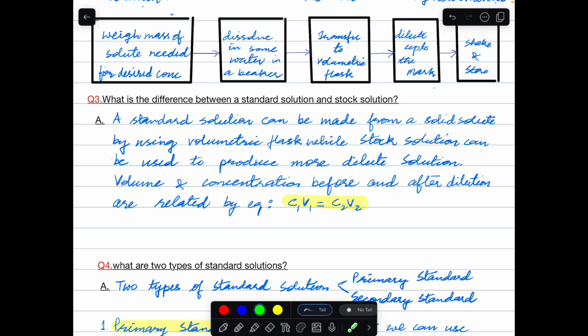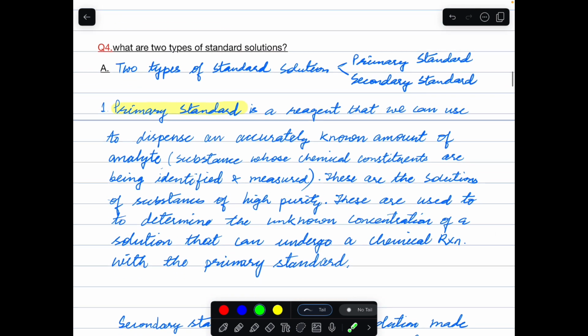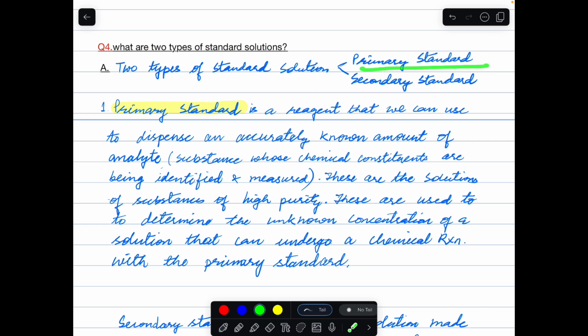Okay, what are the two types of standard solution? Now standard solutions are also of two types: primary standard solution or primary standard, and secondary standard solution or secondary standard. So what is primary standard? Primary standard is that reagent which we can use to dispense or distribute an accurately known amount of analyte.